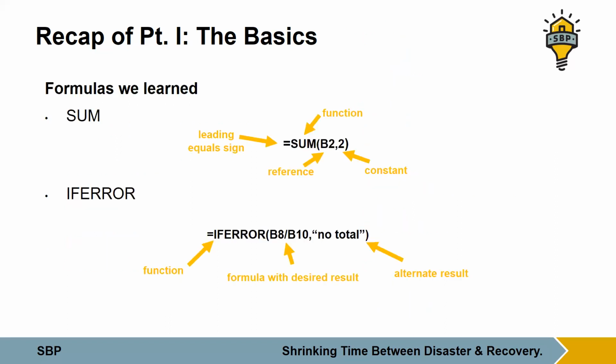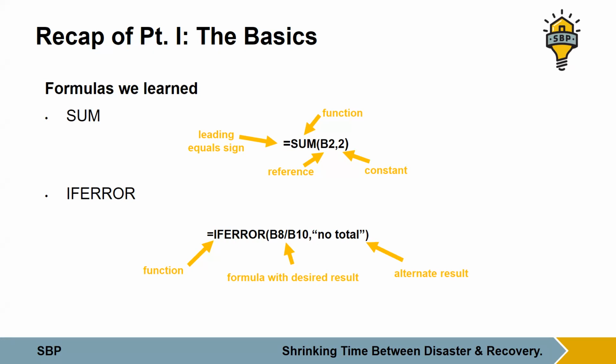We learned SUM, and you can see that there's a leading equal sign. SUM is a function, B2 is a reference, and 2 is a constant. So in this particular example, SUM would add together the 2 values inside the parentheses. IFERROR is another one that we learned.